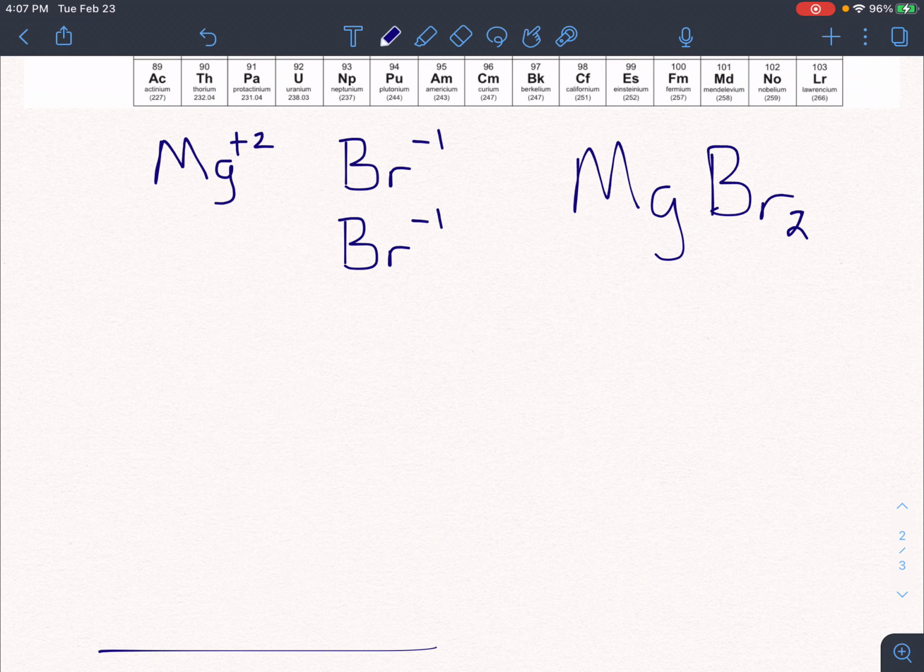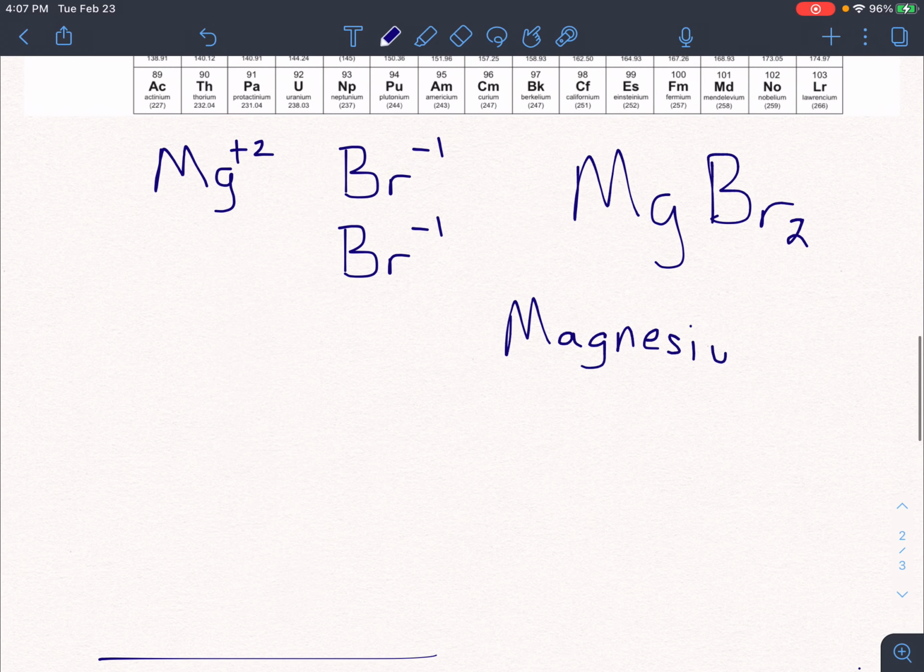The second thing is I want to point out the name. We call this magnesium bromide. For anions, for negative ions, we change the ending to -ide because this is actually called a bromide ion.